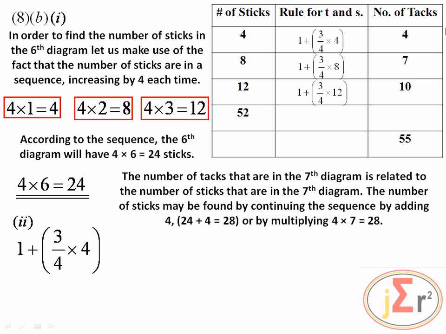And here we have just an occurrence, not necessarily a general form of the rule that relates the number of tacks to the number of sticks. So if we have the number of sticks, we can substitute that into this form and we will arrive at the number of tacks.